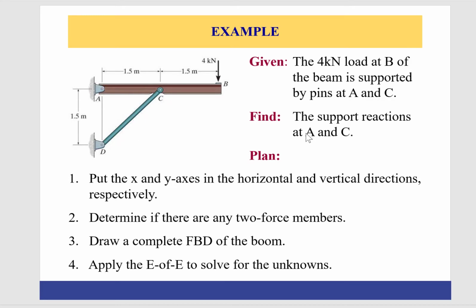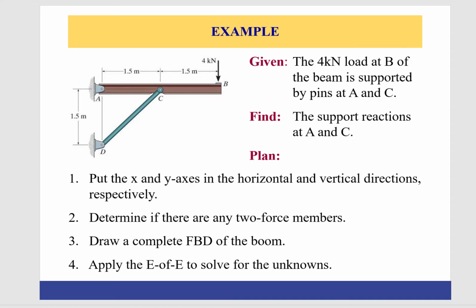We want to find the support reactions at A and C. Also, we can calculate the reaction force at D. Now, when we draw the free body diagram, you're going to draw the free body diagram of each component of this structure and see how the forces are distributed.